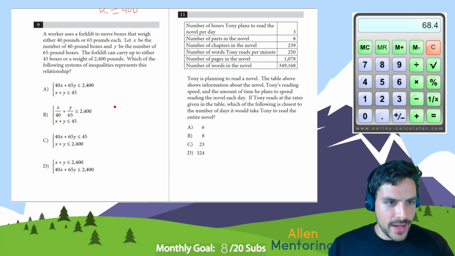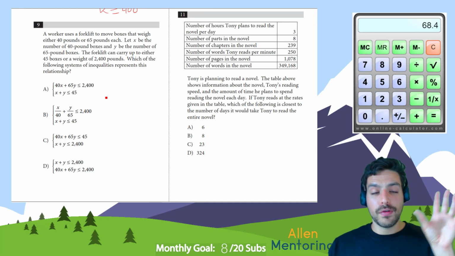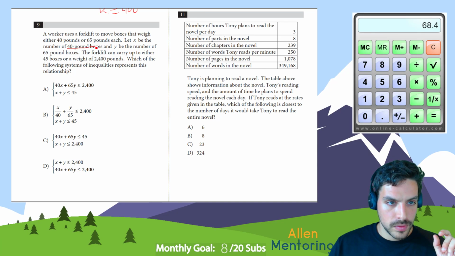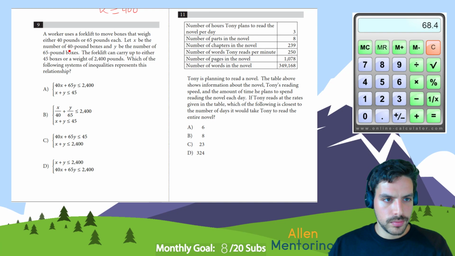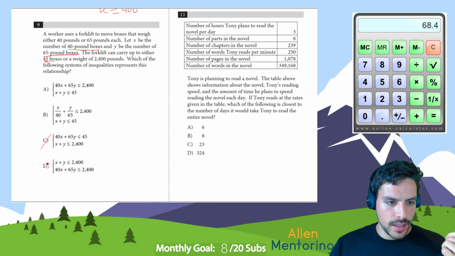Well, we know that if X is the number of 40-pound boxes, and Y is the number of 65-pound boxes, then X plus Y have to be all of the boxes, right? So X plus Y have to be less than or equal to 45 boxes, right? We know that. So we can knock off this one and this one, right?